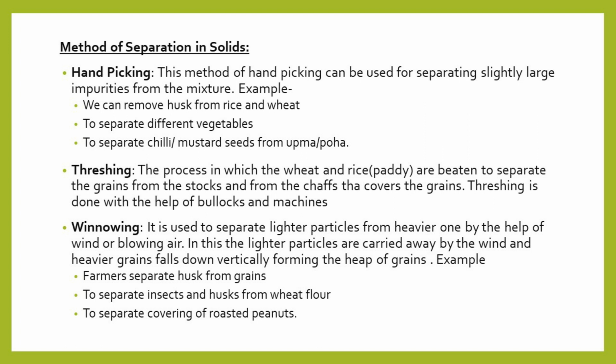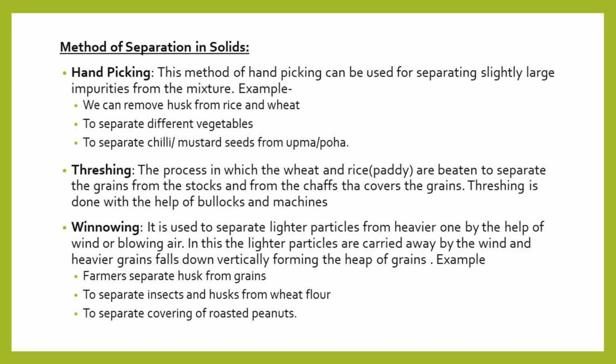First, hand picking. Hand picking is usually done to separate undesirable substances such as small pebbles and dirt from wheat, rice and pulses. This method is used to remove unwanted particles in which the components of the mixture are different in color, size and shape.